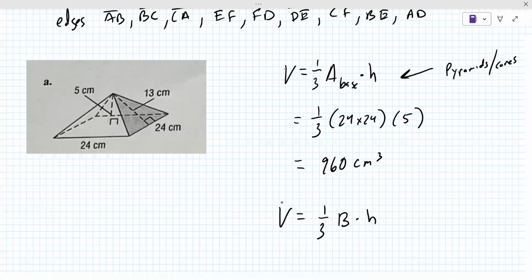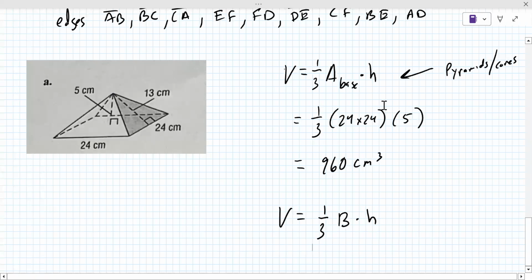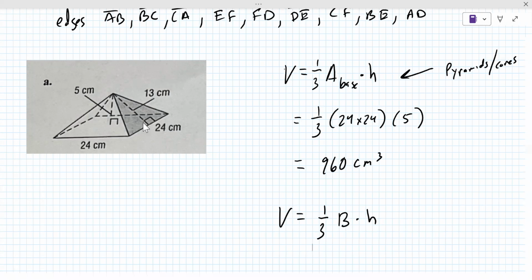Okay. Surface area. The surface area is divided into two things. There's the lateral surface area, which is kind of like what you would paint, and then the total surface area is this stuff around the edges. So there are 4 triangles.